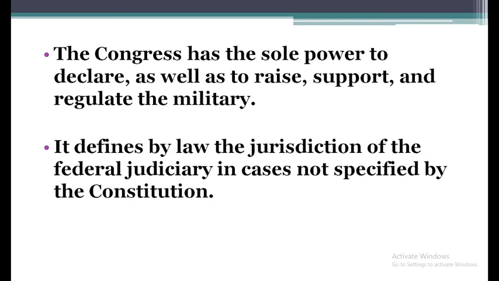Here we know that the military is part of the executive branch of the government, with the president as the commander-in-chief of the armed forces. But it is the duty of the Congress, or the legislative branch, to decide how the armed forces have to be raised, how they should be utilized, and how they should be maintained.